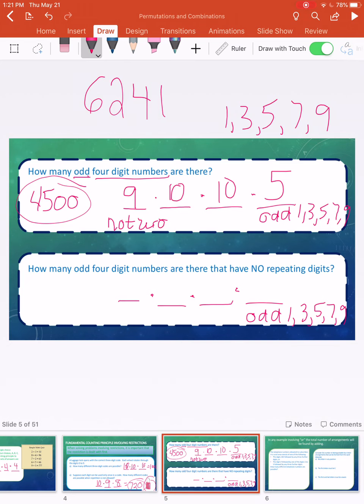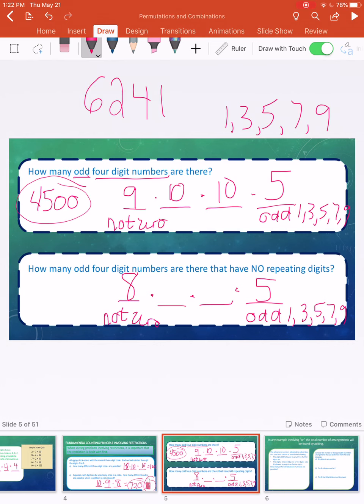Out of 1, 3, 5, 7, or 9, we have 5 options still. But for our first space, you can't have 0. You also have used a number since we can't repeat digits. We've already used one of the numbers. We can't have 0. So that actually means we only have 8 options to choose from.